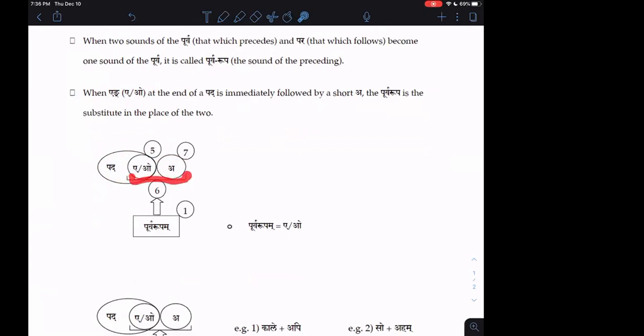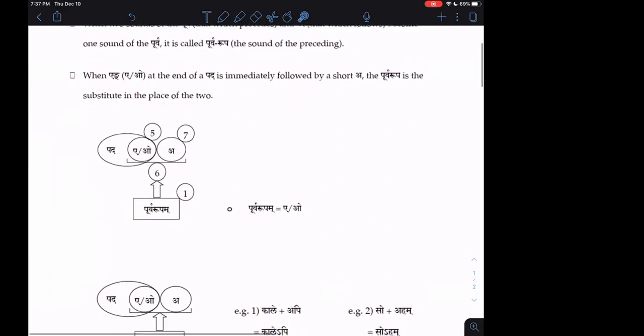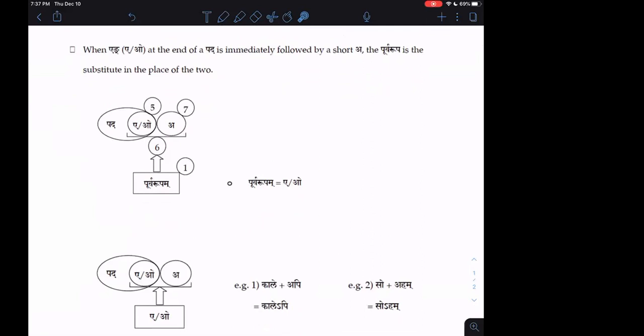When this happens, it's purvarupa. So we always are going to get an A or an O. We're taking the purvarupa, the sound of the purva, so even though they both get replaced by just this one. Another way I like to look at this is the first one eats the second one, and that's the end of it. It's tired of being at the end of a pada, so it eats the next letter also.